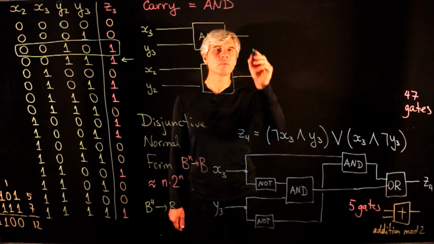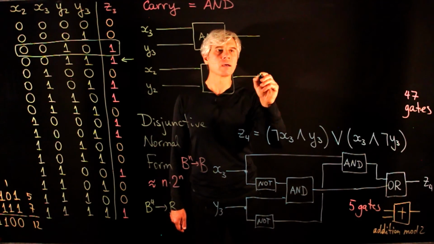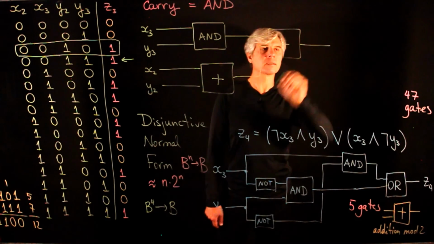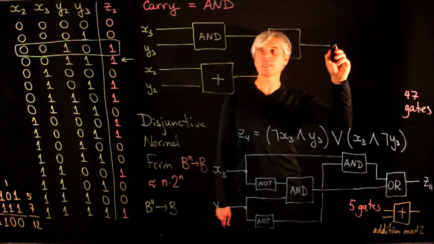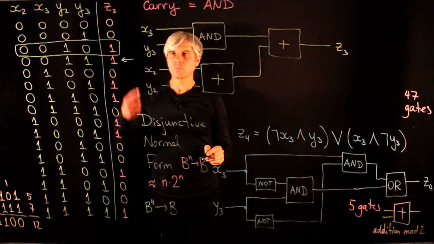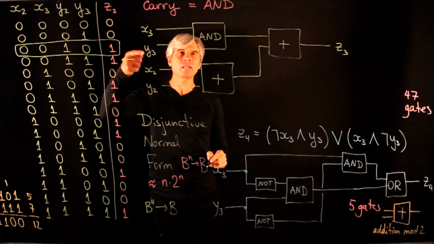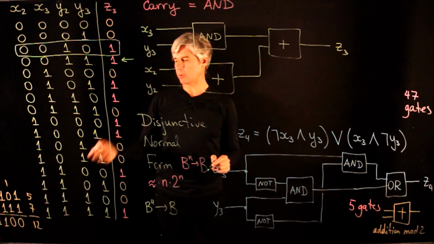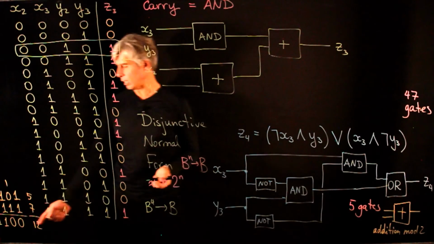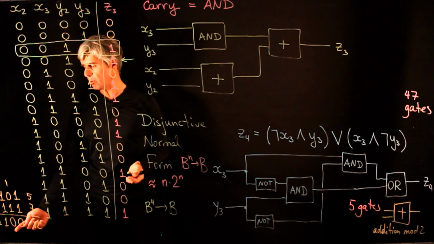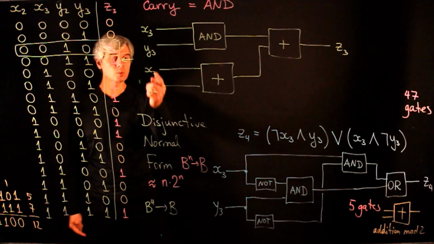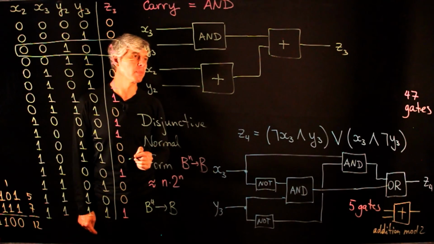And then we need to put another plus gate here, and so this will give us the computation of Z3. Here we calculate the carry from the previous bit, and then to calculate the value of bit Z3, we need to add mod 2 the carry and the two bits x2 and y2.